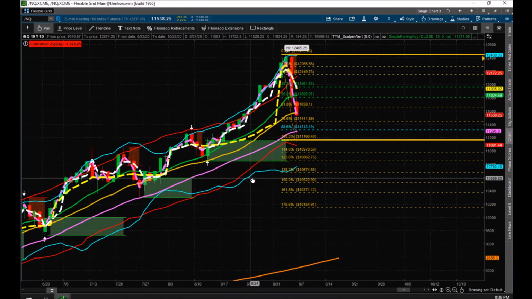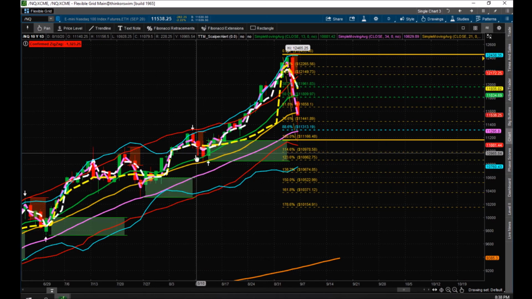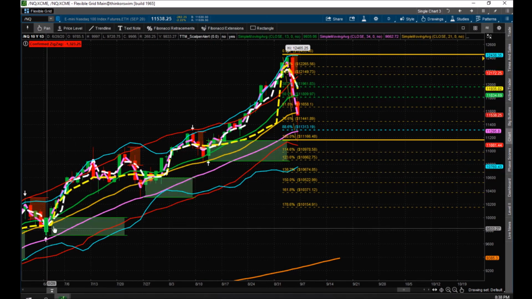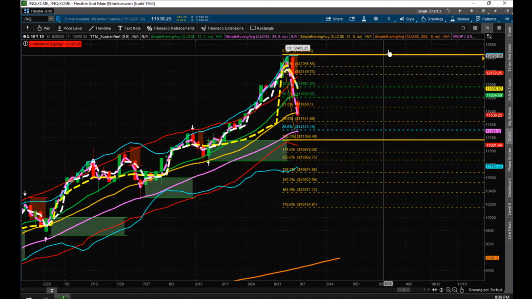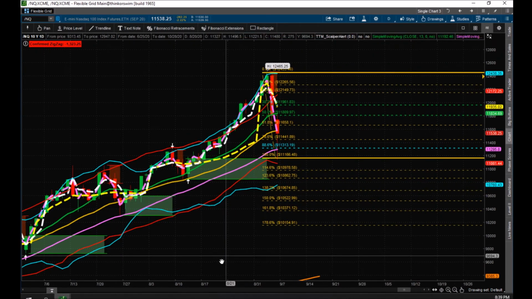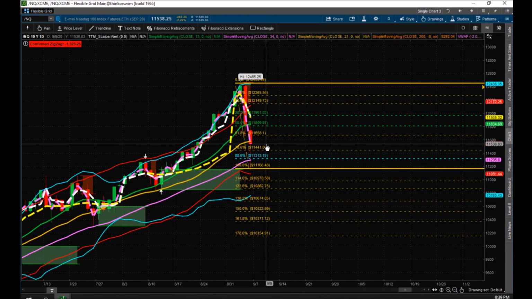Then you could start your M somewhere down here at the bottom, from here to here, then pull back down here, and then go back up. So that's what I'm seeing on the market itself.